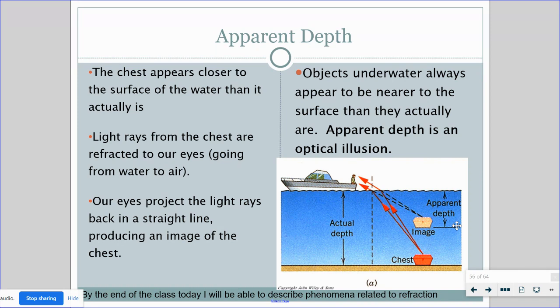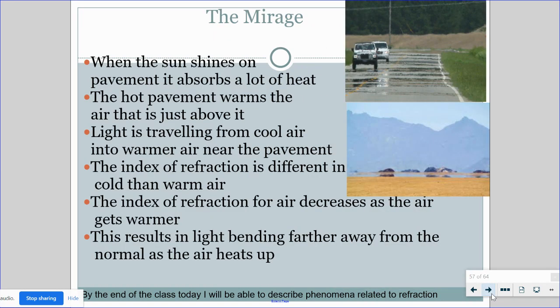That's basically an optical illusion. It's like the one we showed earlier with the dime, where we can't see it, but when we add water, it bends the light, and now it looks like the dime is near the top of the water. That's apparent depth.